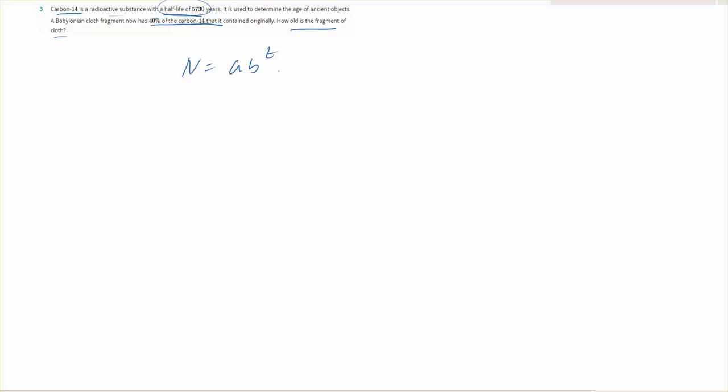Now I know that after t equals 5730 years, I have half, so I know my n would be half of my initial weight, because after that many years, it's reduced to half.